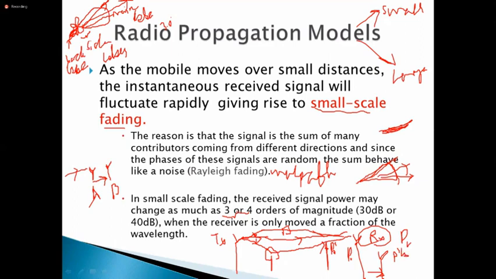So likewise it can change in the order of 30 to 40 decibels. Receiver එක පොඩි distance එකක් ගියොත්. So now when the receiver is only moved a fraction of a wavelength, such a big change can happen. So that has to be considered too. හරිද? අපි radio wave propagation කිව්වට දැන් cellular network එකක් ගැන කතා කරයි පහුගිය සතිවල.